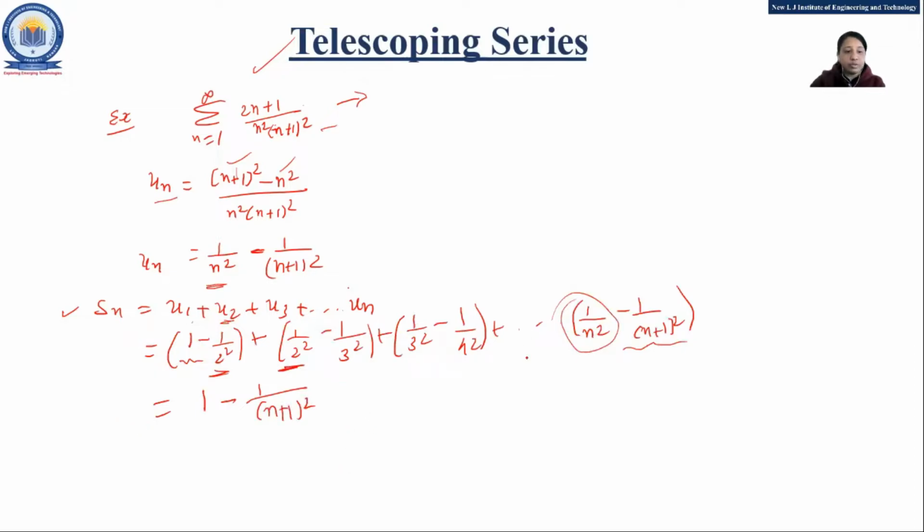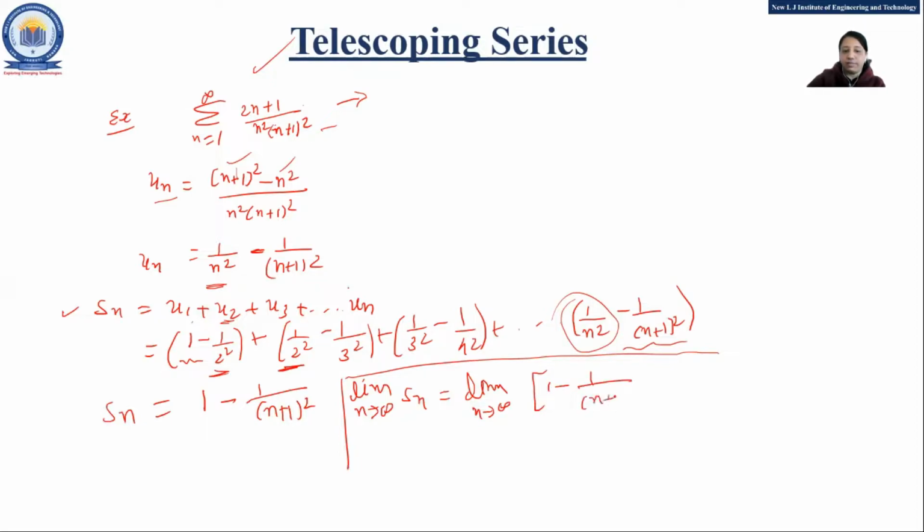Now this is my Sn. We'll apply a limit on both sides, because we need to check whether the series is convergent or divergent. So limit n tends to infinity Sn equals limit n tends to infinity of 1 minus 1 upon (n plus 1) square.